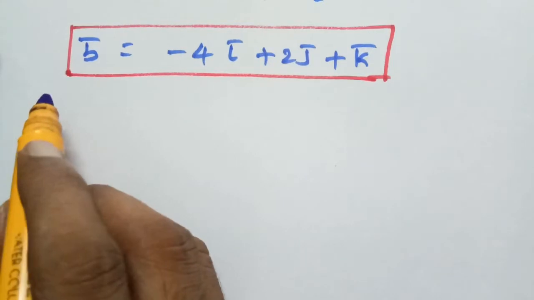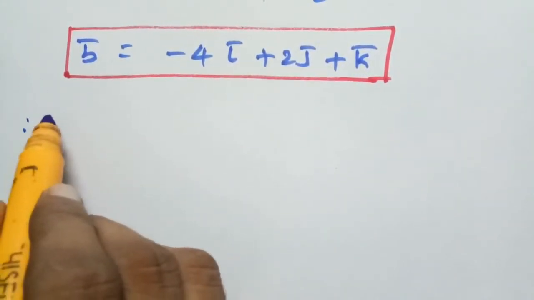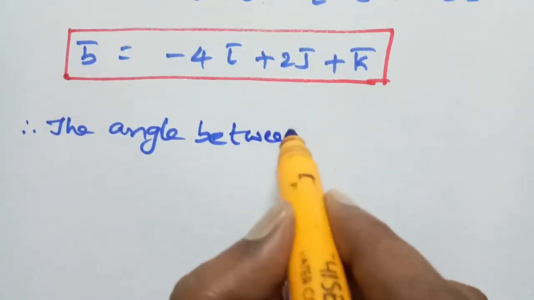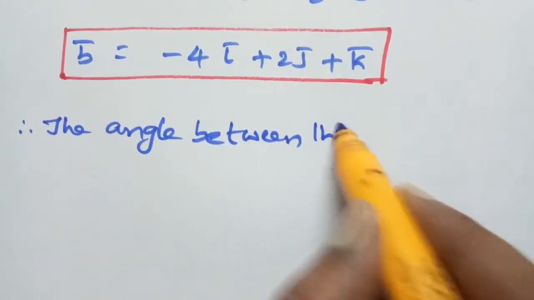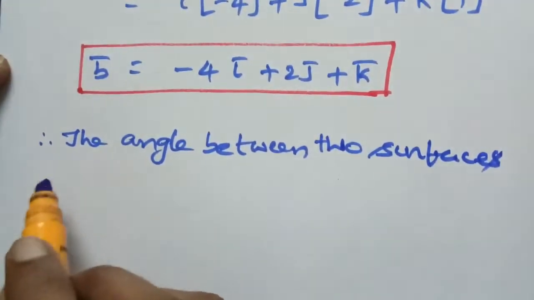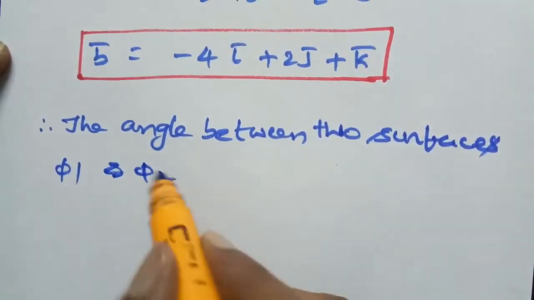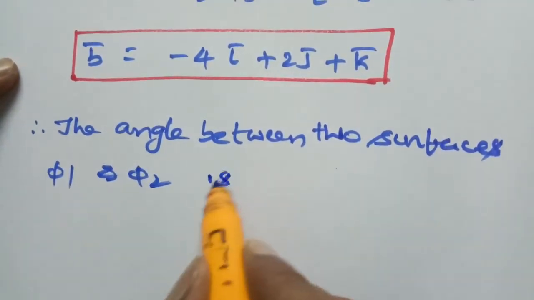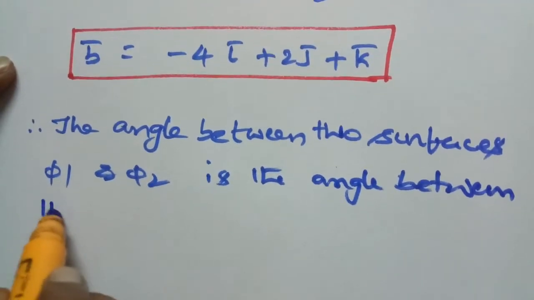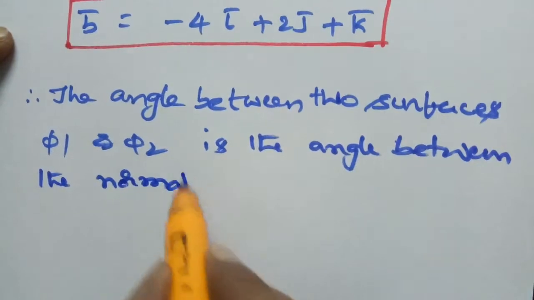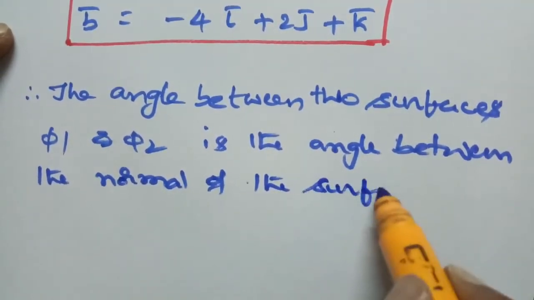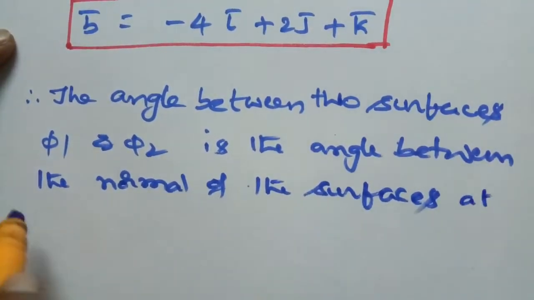Therefore the angle between the two surfaces phi 1 and phi 2 is the angle between the normals of the surfaces at the point.